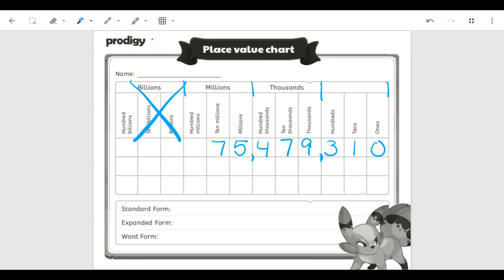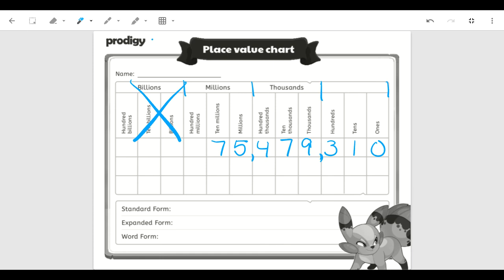We have the 75 in the millions, so 75,479,000. We just say that number in our period, and then we say what period it's in. So we have 479,310. So each period just says it as we see it, and then we say that period that it's in to distinguish that.